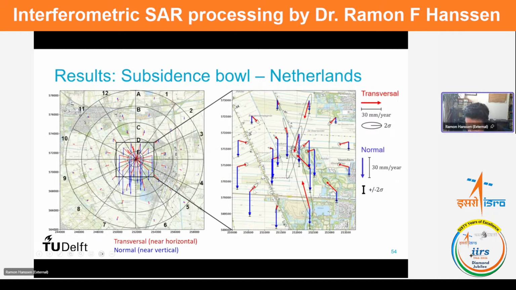So many of those areas, even if they also have a north-south component, are still useful and still valid observations. Not all of them. For example, the one here in the middle, you can see the red vector, which makes sense if you look at the direction. But the confidence ellipse is so large that you would never rely only on this observation.